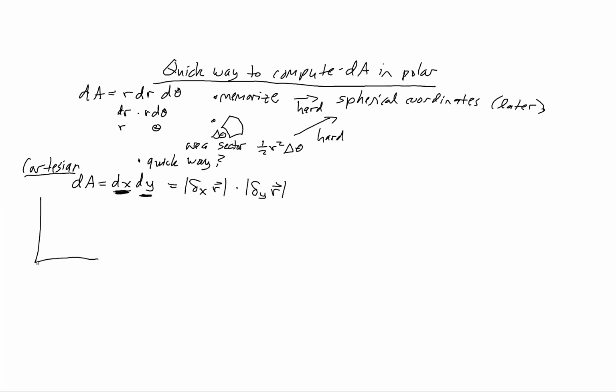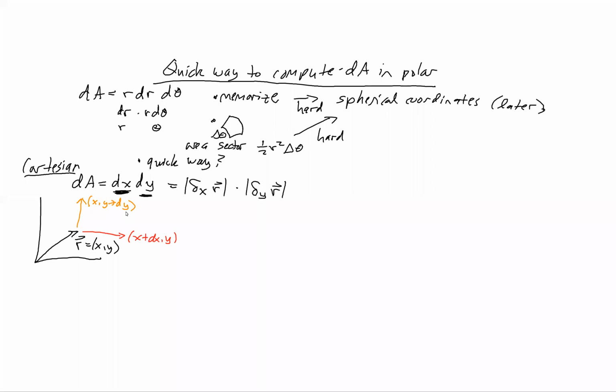If we have our position vector r of x, y, what I'm going to do is shift x by dx, and then shift y by dy, giving x, y plus dy.